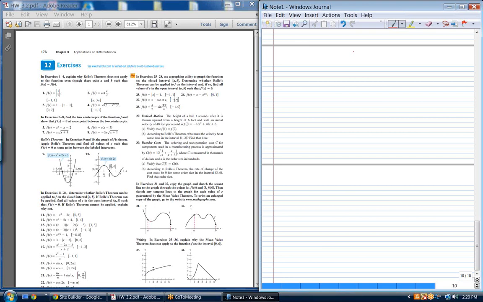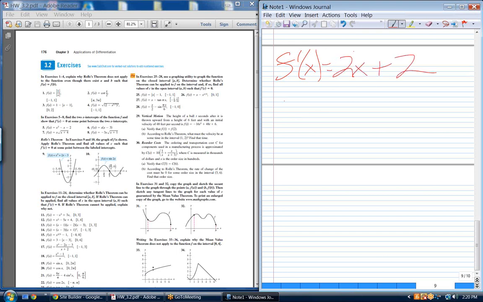Rolle's theorem works because it's continuous and differentiable throughout that interval between the intercepts. So how do you get the value of c where the derivative is 0? In other words, how do we find that vertex? We would differentiate the function and then set it equal to 0. So what is f prime of x equal to? 2x plus 2.